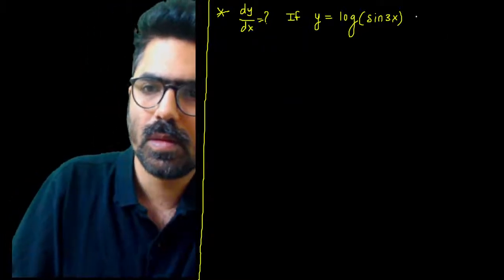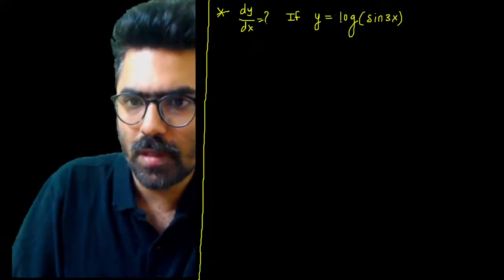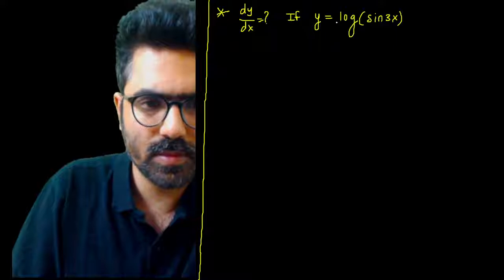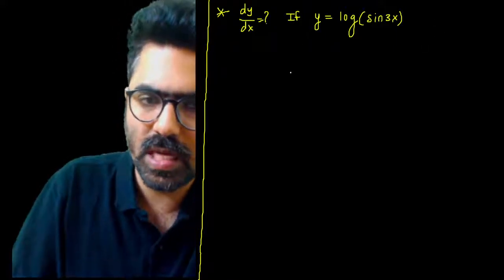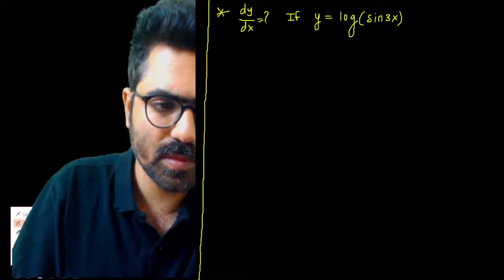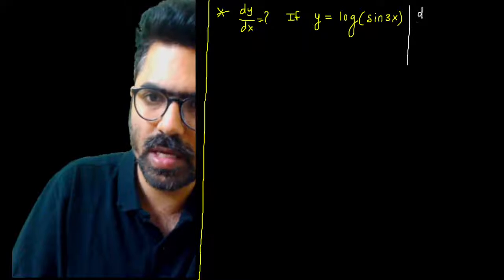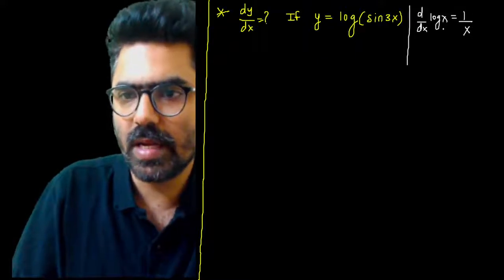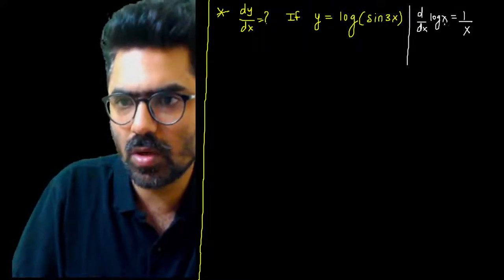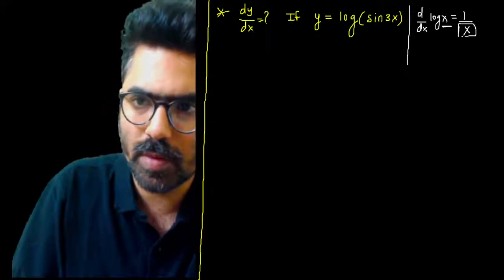Fine. Before this, observe here, the outermost function is log. And if you remember, derivative of log x is what? It is 1 by x. So whatever is written inside the log, that we have kept in the denominator.